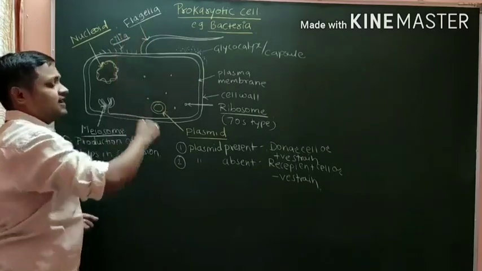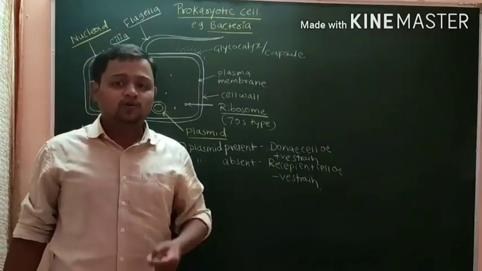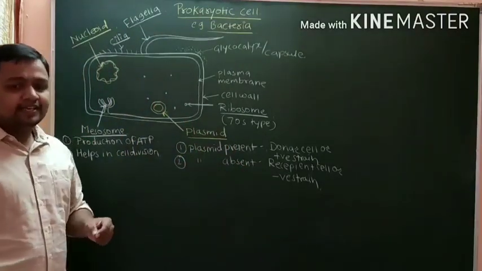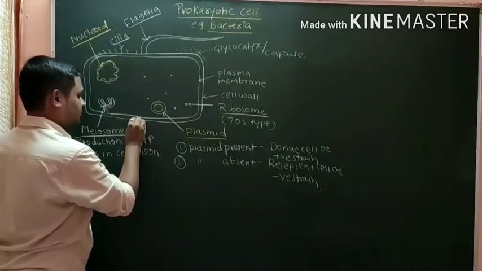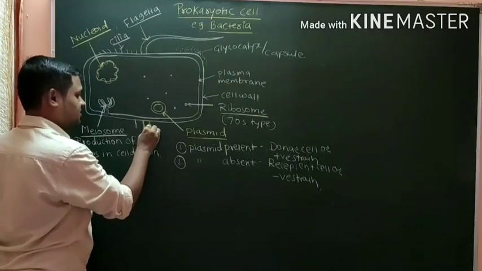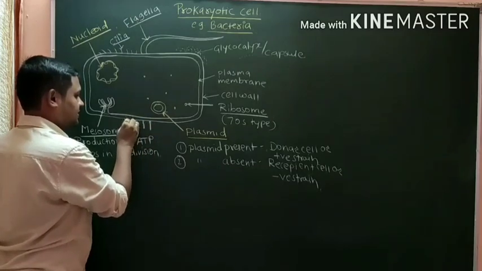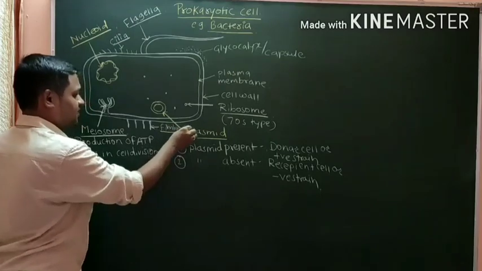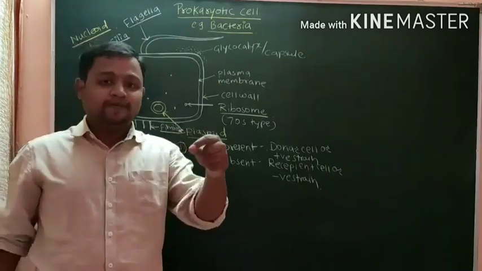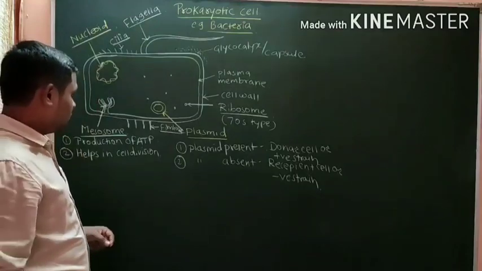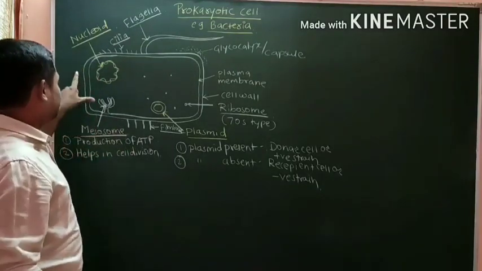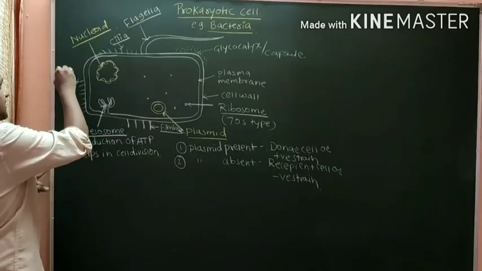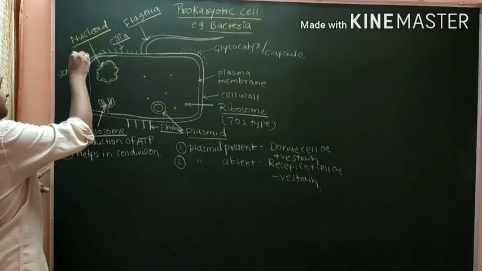Both cilia and flagella take part in locomotion, meaning both are locomotory organs. Besides that, there are again hair-like structures known as fimbriae. The function of fimbriae is to attach to a specific substratum. In some bacteria there are again hair-like structures known as sex pili.